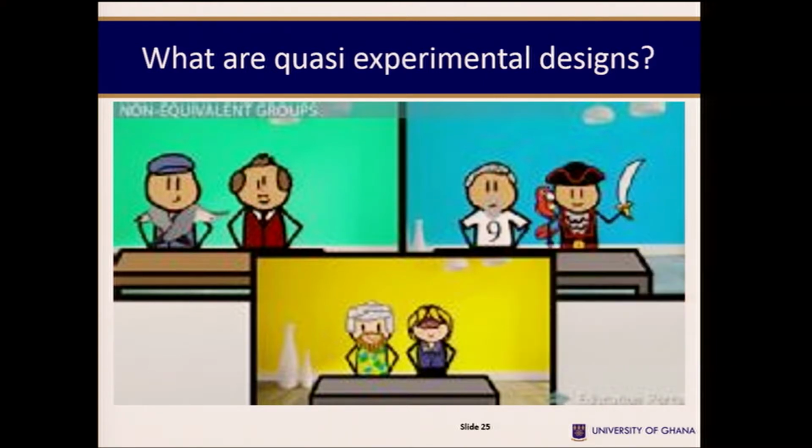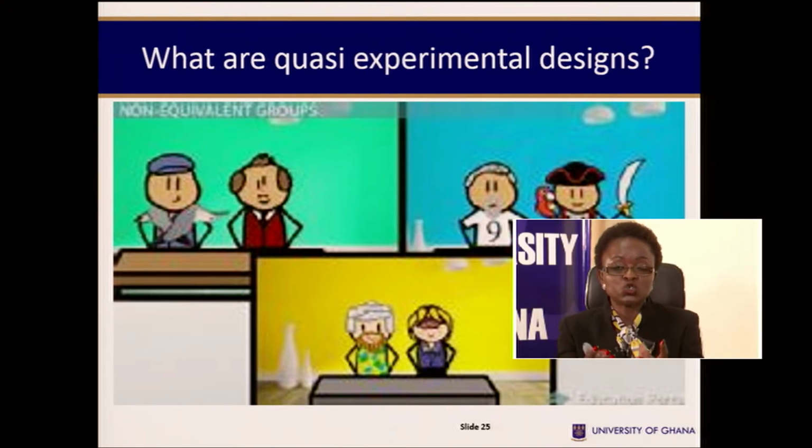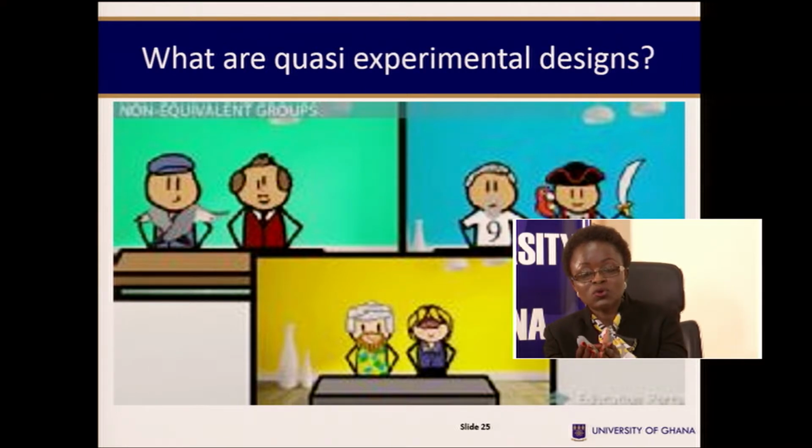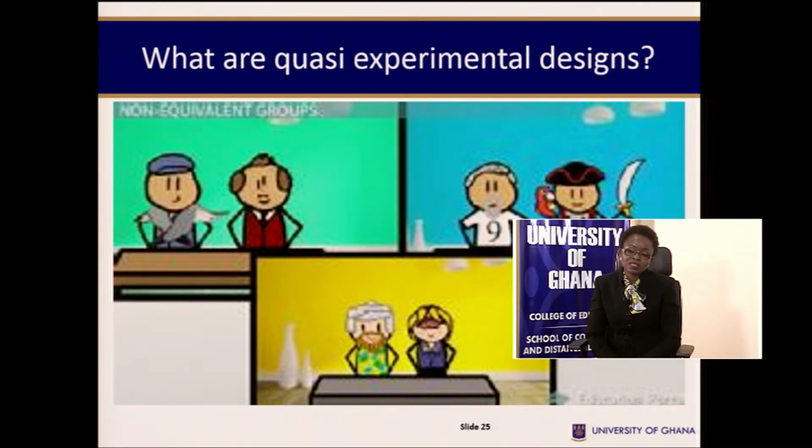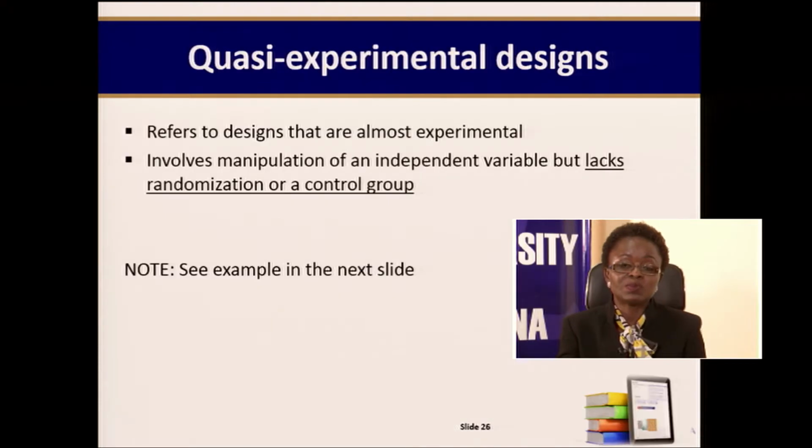And so if you look at this picture, it is a good example of an almost experimental design or a quasi-experimental design. There's nothing in this picture that is showing how they came by the people in the yellow box. How were they selected? We don't know, and then we will explain more of that in the next slide.